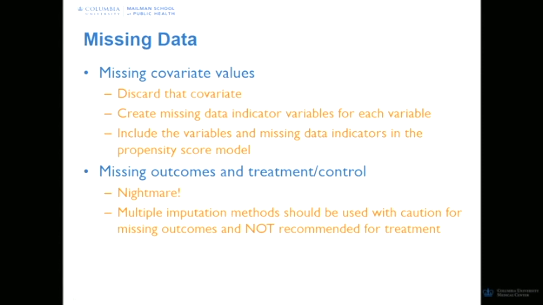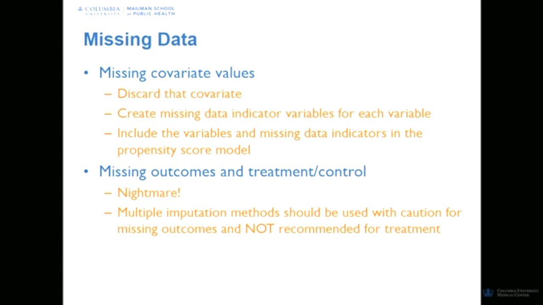If you have missing data in your covariates, the ones that you're using for building the propensity score matching, it's problematic, but one way to go around it, you can discard that covariate completely. You have a high percentage, 60, even 40% of that covariate has missing values. If you include it, it might do more harm than good.